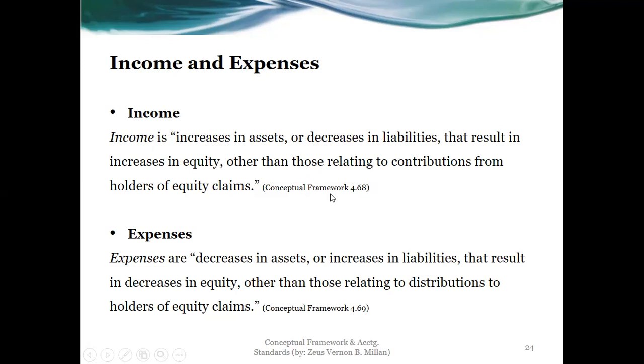So that's why we will realize as we go along the way, although this is not discussed here, but in the analysis of transactions and rules of debit and credit, that income and equity would be synonymous, in the sense that they have the same impact to assets and vice versa.